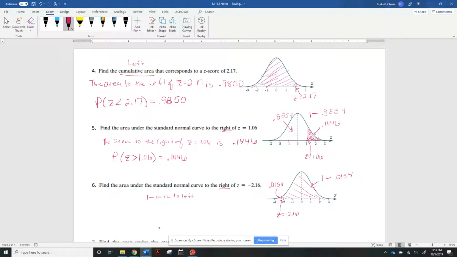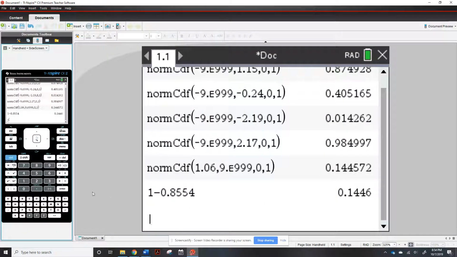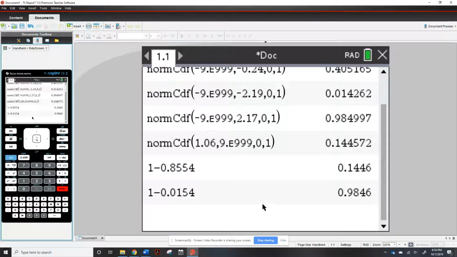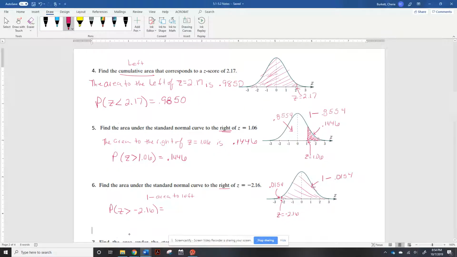So the probability that z is greater than negative 2.16 is 1 minus 0.0154. And that's going to be 0.9846.